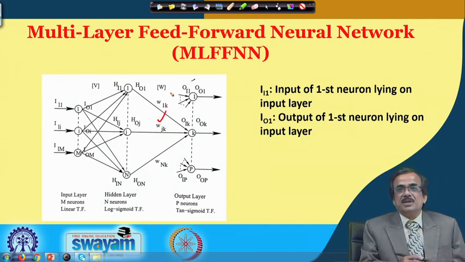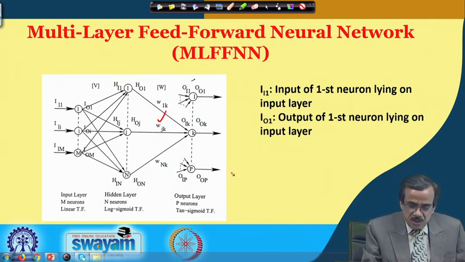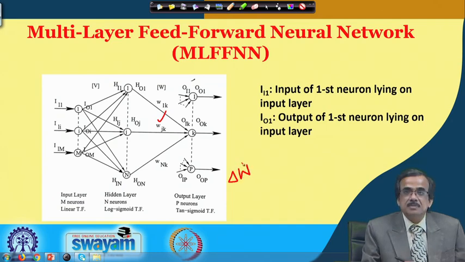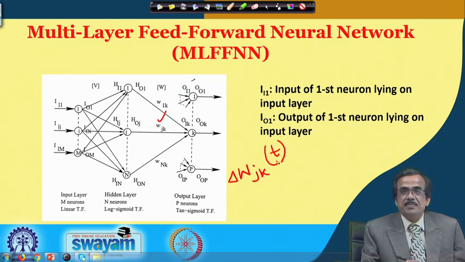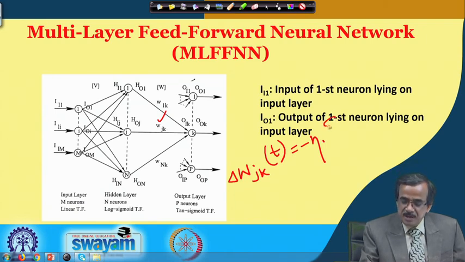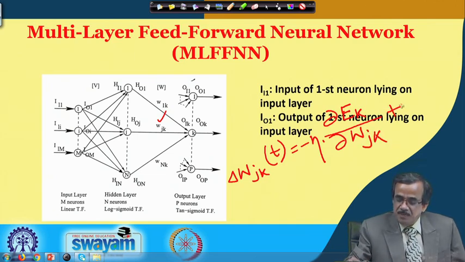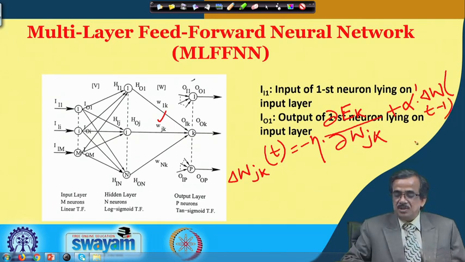that is, supposing that I want to update this particular connecting weight. So, what I will have to do is, delta W j k at the tth iteration is minus eta multiplied by the partial derivative of E k with respect to W j k, plus alpha prime multiplied by delta W corresponding to the t minus 1th iteration.